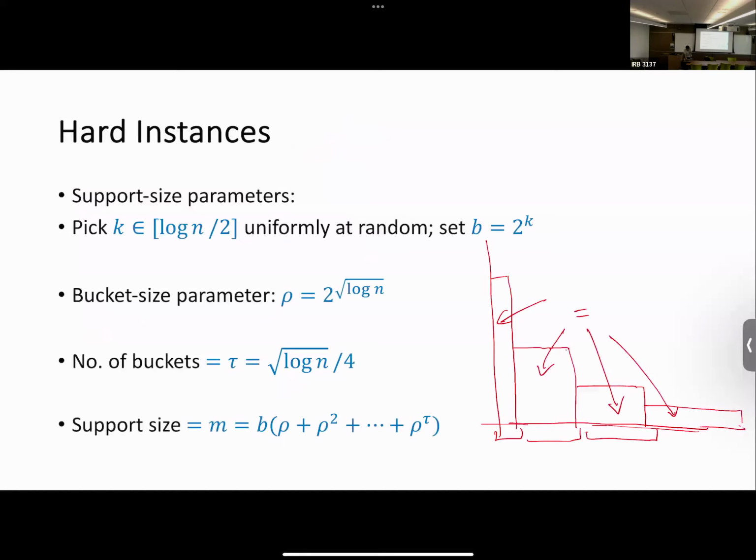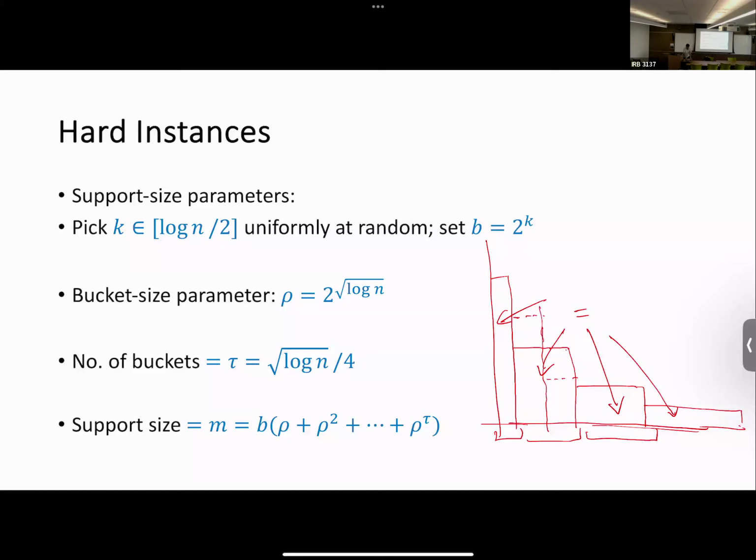You look into each of these buckets and again randomly partition it into two equal halves. In one half, you decrease the probability, and in the other half, you increase the probability by the same amount.